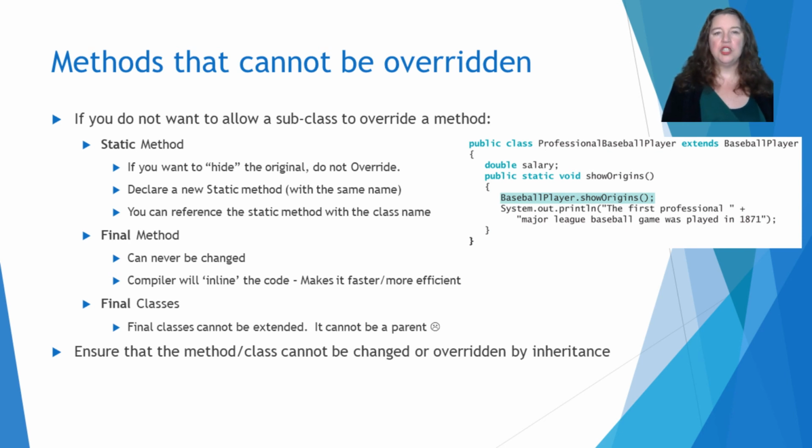These are different ways that you can make a class not be able to be overwritten or extended. You can ensure that your method or class cannot be changed by inheritance. That's important because sometimes you want to make sure nobody can take your class and alter it, and that there are no other versions of children extending from the parent class.